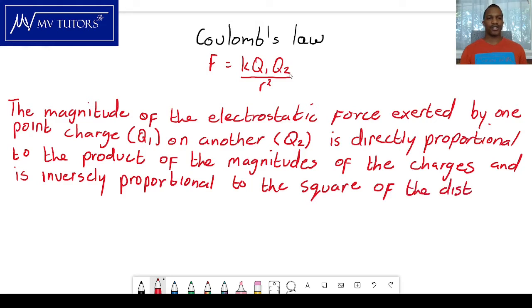So r is just the distance between them. So all we just did was describe the formula. You'll get this formula in your formula sheet. Just be aware that it is actually Coulomb's law.